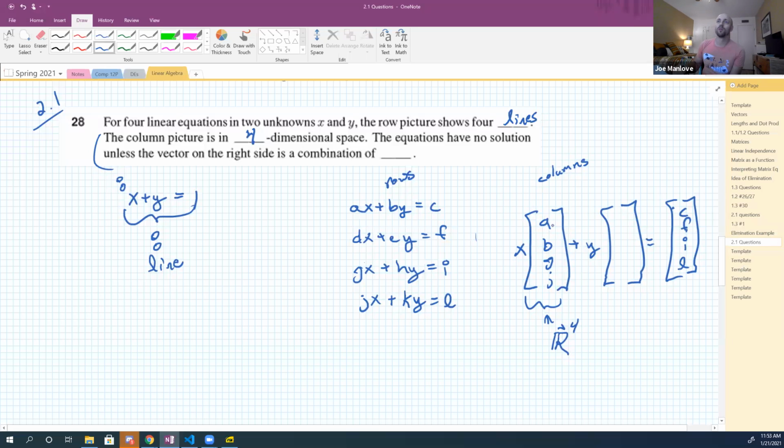Well, this thing's only going to work if you can pick an x and a y so that when you add these two columns together with those scalars, you get this thing, right? You guys see that? So it has to be a combination of the columns. Does that sort of make sense?